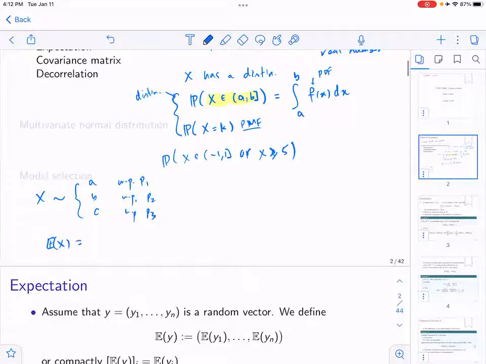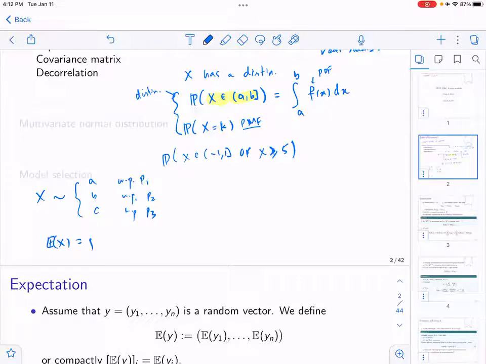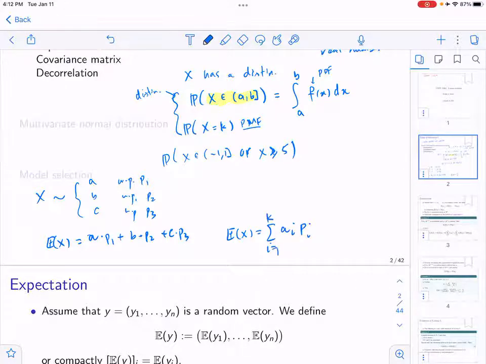A times P1 plus B times P2 plus C times P3. So you take the values times the probabilities and add them up. In general, if it takes values a_i with probabilities p_i, i from 1 to K, then the expectation is the sum of a_i times p_i, values times probabilities. And so that's the definition of expectation.